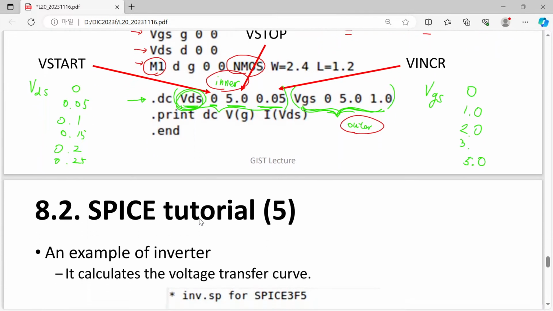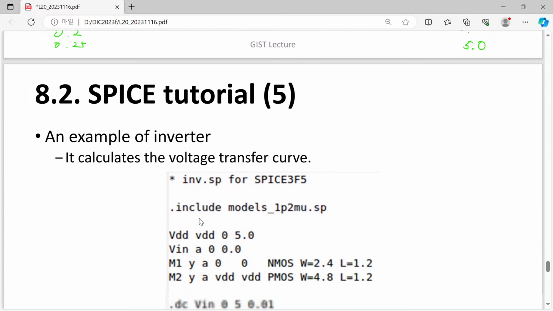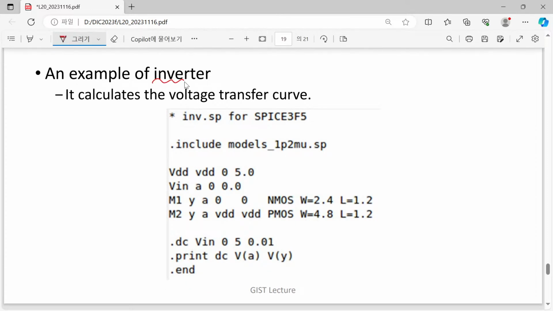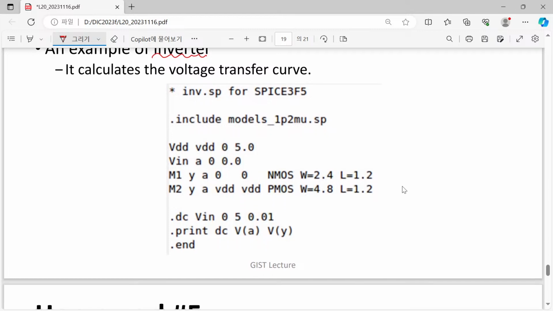Then let's go to another example. This is an example involving an inverter. So please try to draw the circuit schematic. Here we have M1. M1 is an N MOSFET. Here we have M2. M2 is a P MOSFET.